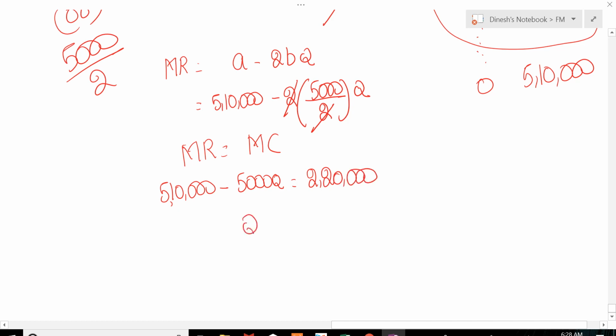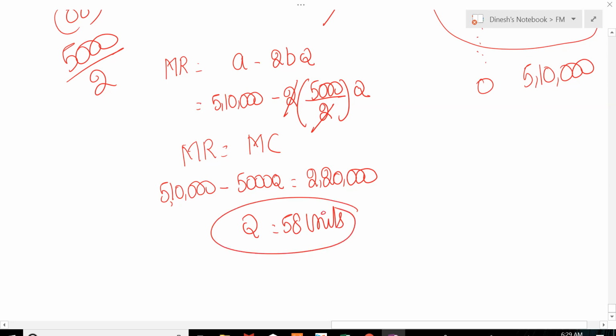Solve this, you will get the Q as a balancing figure. This is the number of units to be sold, the optimum number of units to be sold by the company. Maximum number of units which the company should sell will come out of this equation. How much? 58.